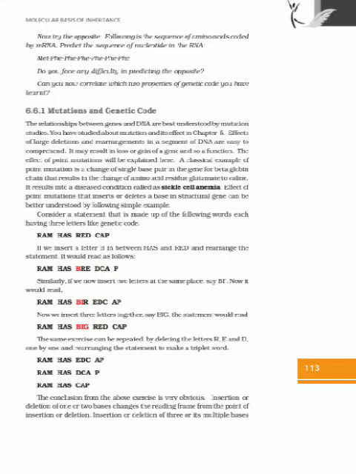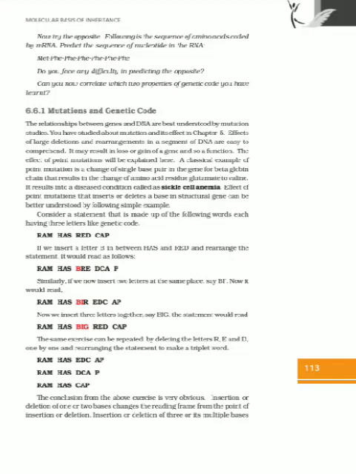The effect of point mutations that insert or delete a base in a structural gene can be better understood by a simple example. Insertion or deletion of one or two bases changes the reading frame from the point of insertion or deletion.